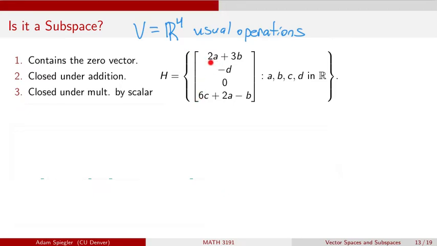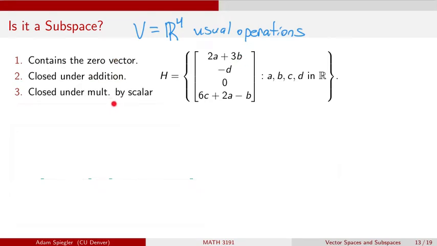So the first entry can be written as 2 times some number A plus 3B. The second entry is negative some real number D. The third entry is 0. And then the fourth entry is 6 times some number C plus 2 times the same number A that we had in the first entry minus the same number B that we had in the first entry.